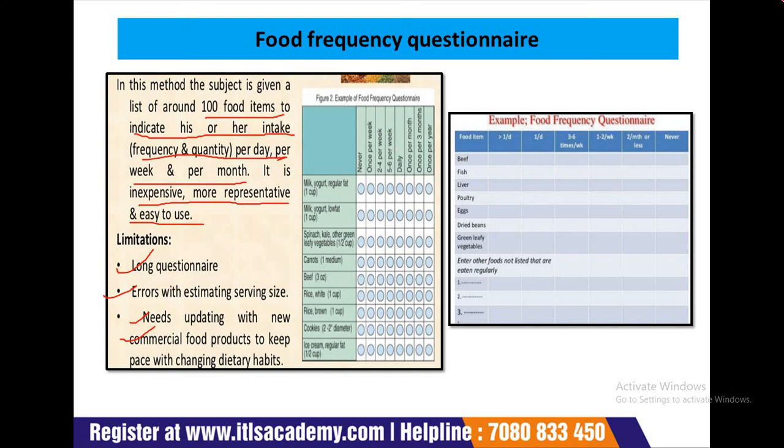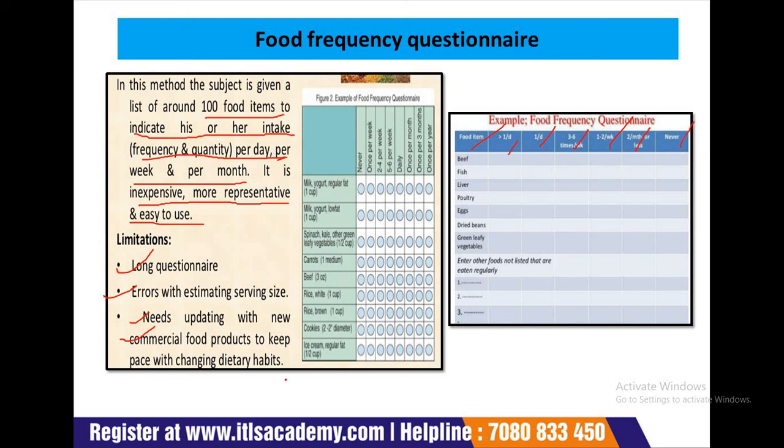In this picture, you can see an example of a food frequency questionnaire. Here is the food items list, and columns for what you eat more than once in a day, what you eat 3 to 6 times in a week, what you eat 1 or 2 times in a week or a month, and never.